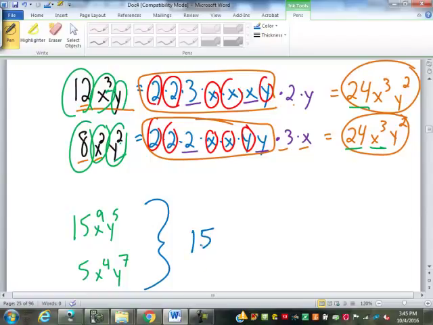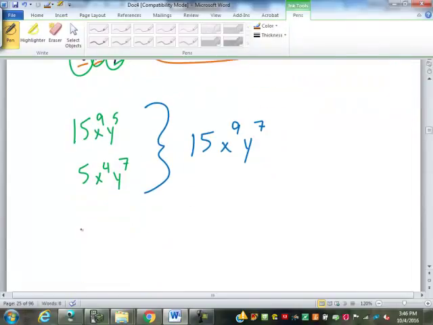One of the numbers can be the least common multiple. So 5 goes into 15. So for the numbers, 15 is the least common multiple. X to the 9th is going to be the larger of the powers. And y to the 7th is the larger power.